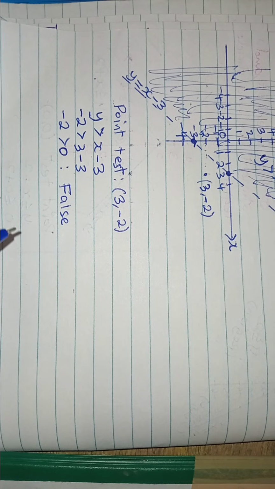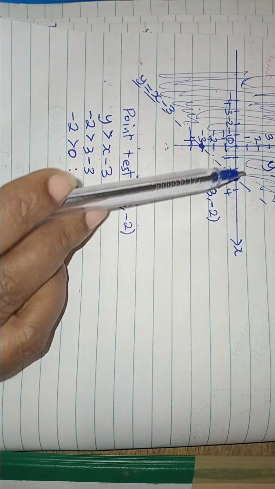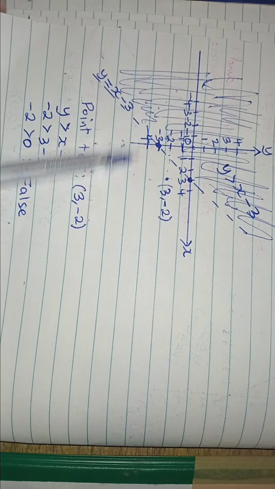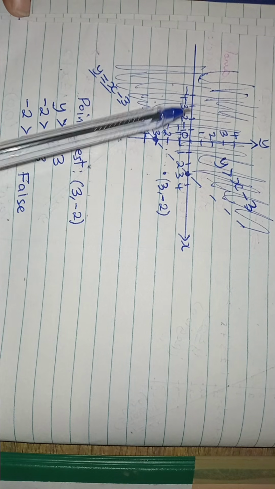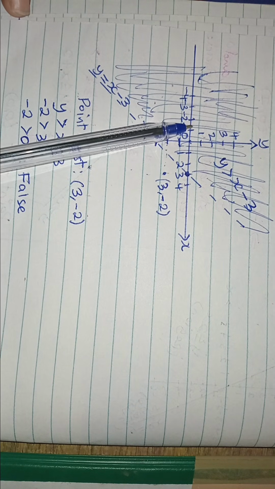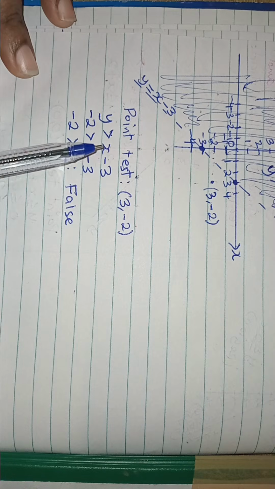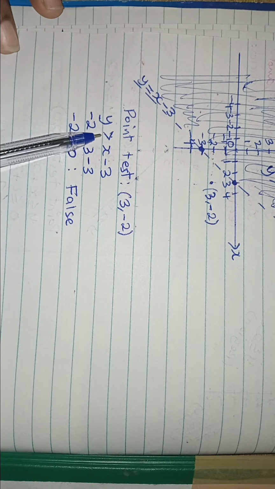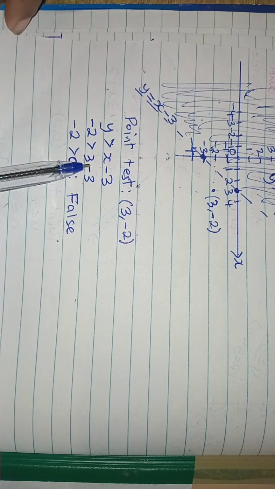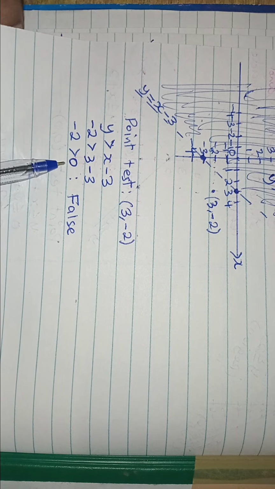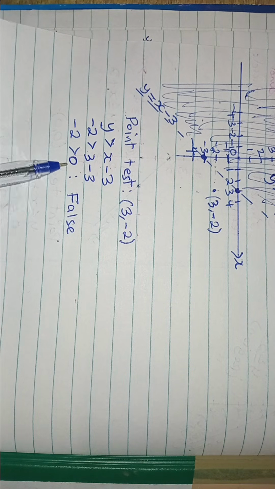Okay, summary. To prove which side of the line is the correct shaded region, you pick a point on one side, either below or above, and you substitute into the inequality, and then you see if the statement is true.